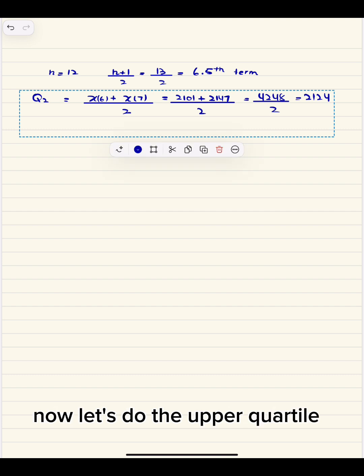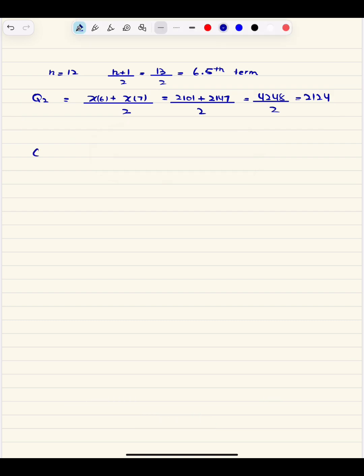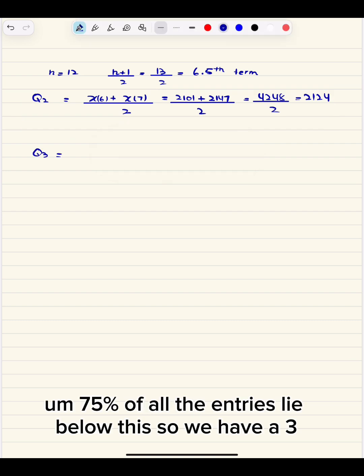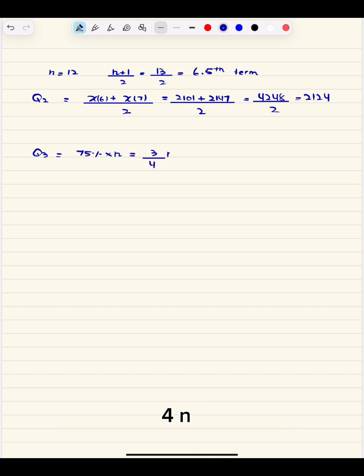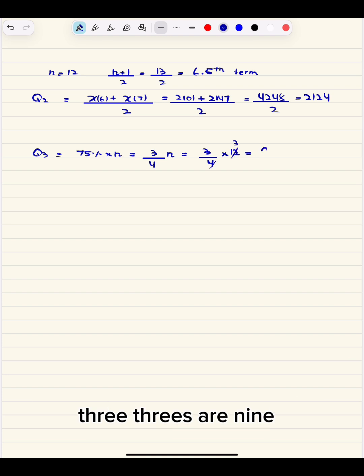Okay, now let's do the upper quartile. The upper quartile is basically the point below which 75% of all the entries lie. So we have 3 over 4 times n, so 3 over 4 times 12: 4 threes are 12, 3 threes are 9.